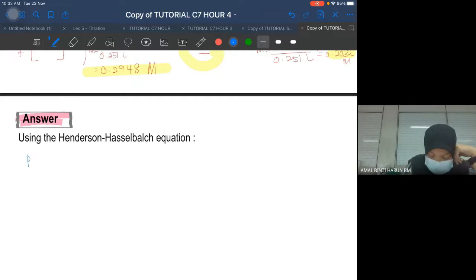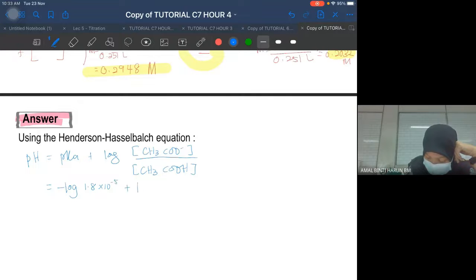So, pH is equal to pKa plus log concentration of the salt. Salt is CH3COO minus over CH3COOH, weak acid. Negative log 1.8 exponent negative 5 plus log concentration.